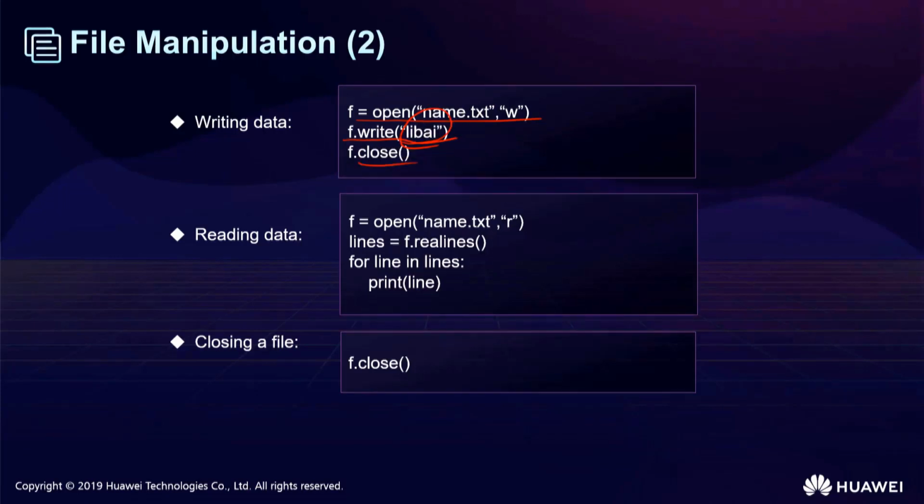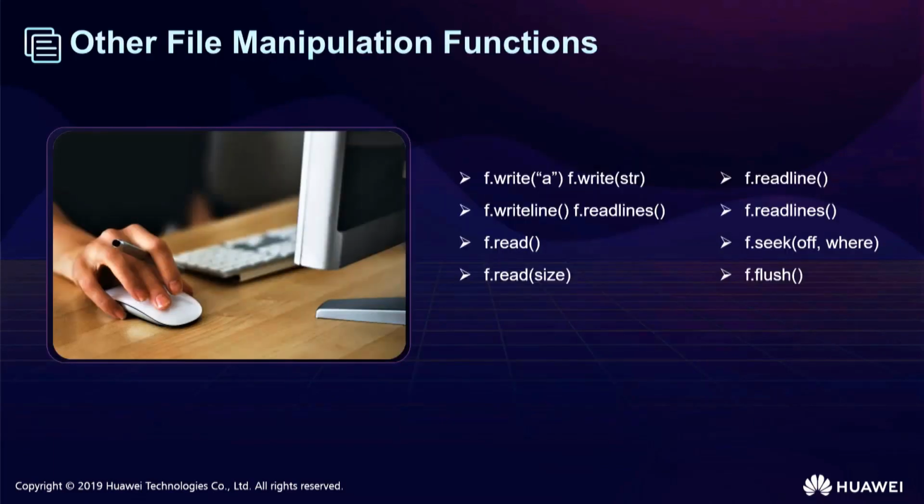This string will be saved in our file, and we can read the data later line by line, print the contents of each line, and close the file with the f.close function.